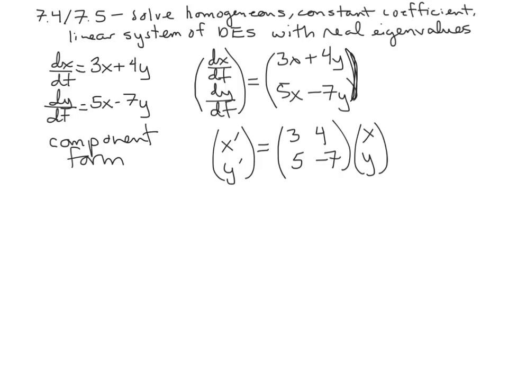Now, the generic form of this, what the book does, so the book uses bold letters to denote a vector. And I think books usually do this, and I think it's because in typesetting it's easier to write a bold than it is a little arrow up above it.